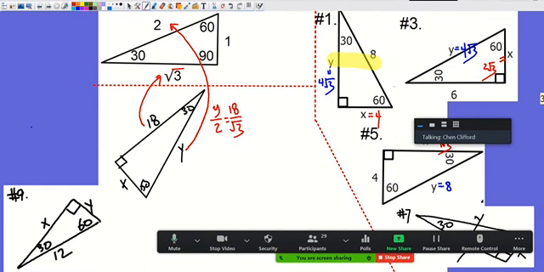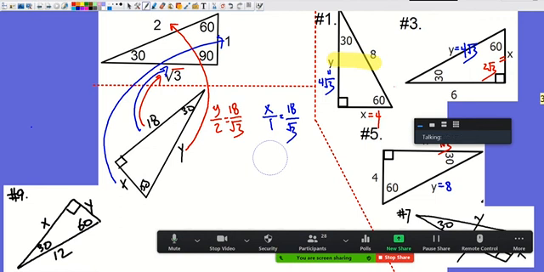Let's do the x's now. The x relates to the 1, and then we can reuse the 18 relates to the root 3. Why does the x relate to the 1?